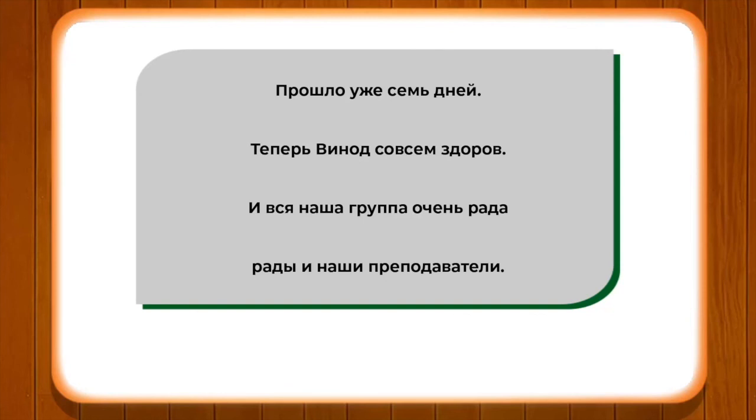So here in this text we have gone through the importance of friendship. We have seen how the text revolves around the life of a student, Vinod, and his classmates who helped him and informed his parents and relatives about his health. They had gone to the doctor and now he is healthy, everybody is happy.